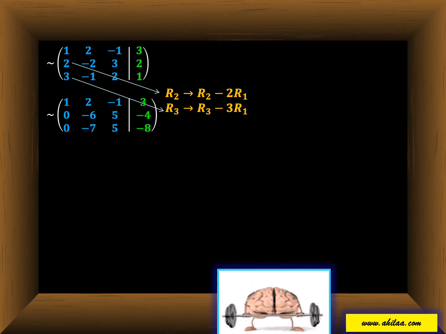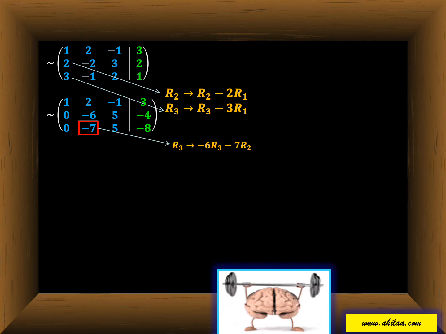So making those operations, we get the equivalent matrix like this. Next, I want to make this minus 7, that is A32 element, to be 0. The operation is R3 tends to minus 6 R3 minus 7 R2. I use the second row as my pivot row. So the equivalent matrix is this one. Now I inspect that A32 element is also 0.